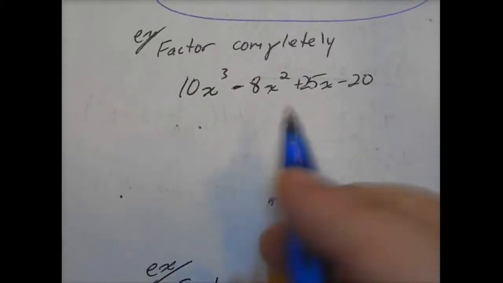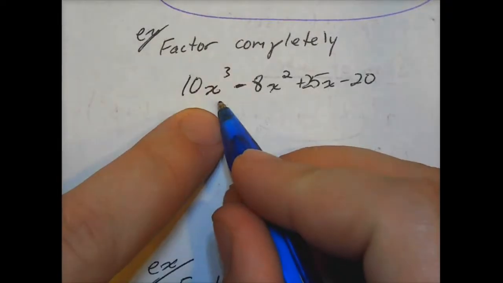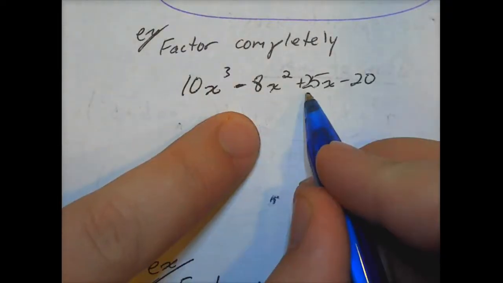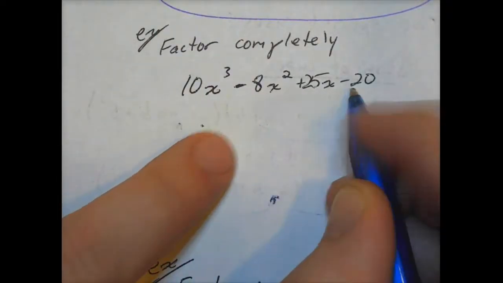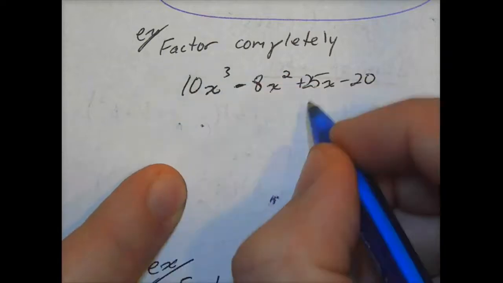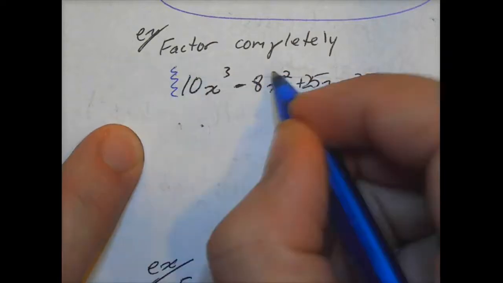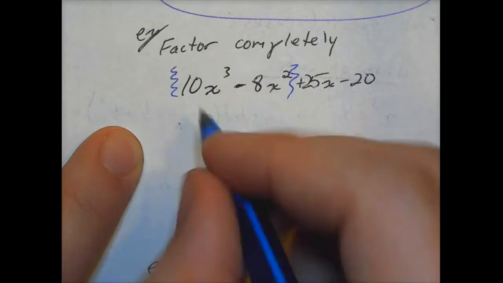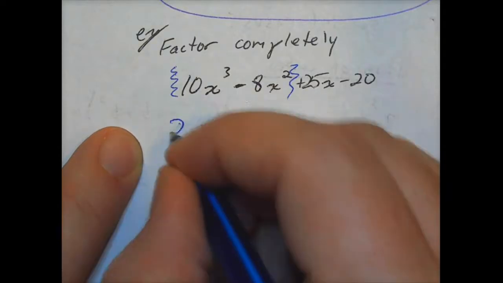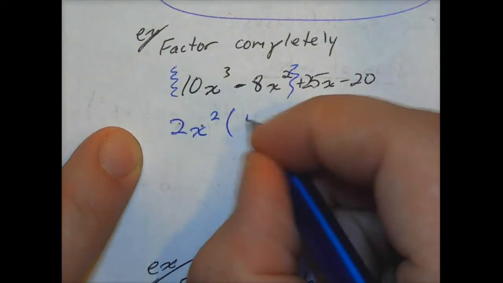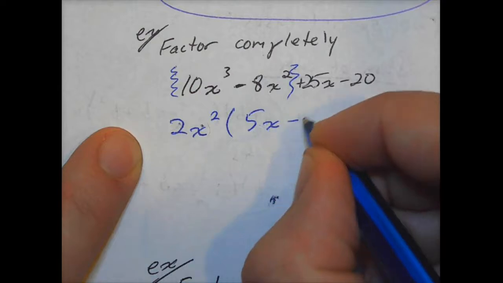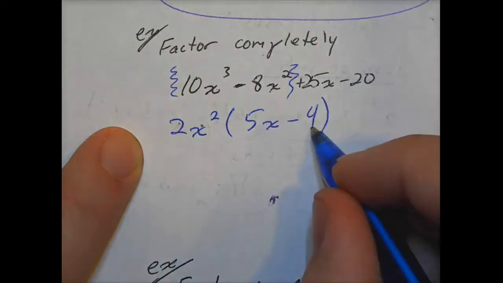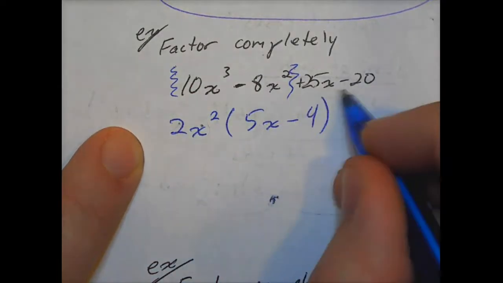All right, looking at another. This is 10x to the third minus 8x squared plus 25x minus 20. So again, I notice that there's no other special case other than maybe factoring by grouping. So if I try to take these two together, I can factor out a 2x squared from both of those terms, such that this is 5x minus 4. Now I'm going to see if I can make a 5x minus 4 out of those two.